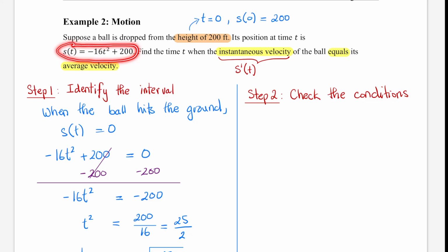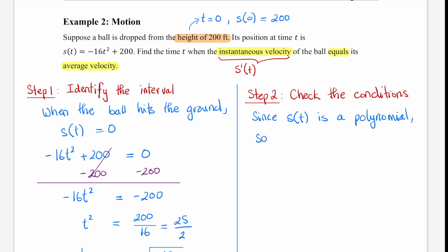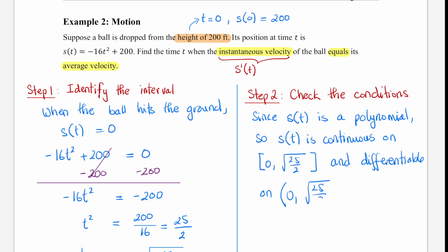Since s of t is a polynomial, and polynomials are continuous and differentiable everywhere, yes, s of t is continuous and differentiable on the given interval. So the mean value theorem applies.